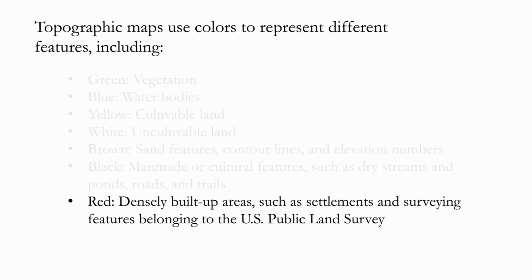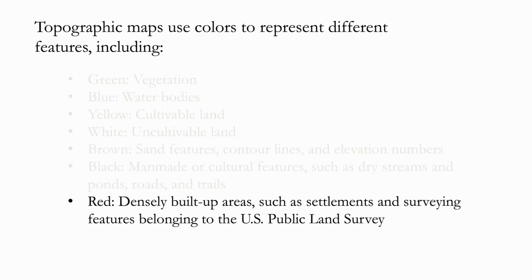And what the red refers to here is the U.S. Public Land Survey. The U.S. Public Land Survey is the way that all of the land from Ohio west was surveyed in the United States. And so it's all squared land with straight sides and rectangles.